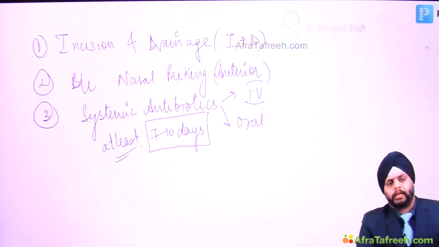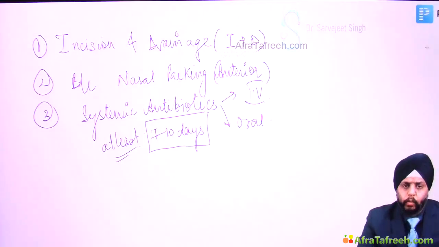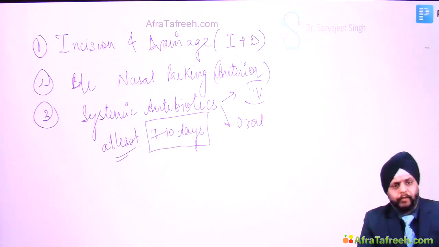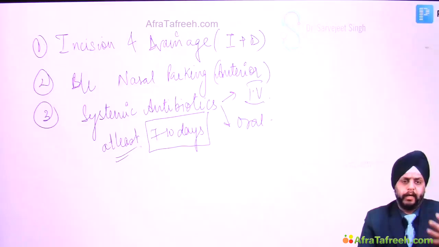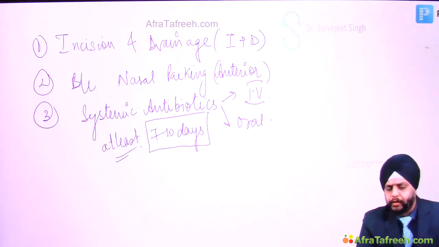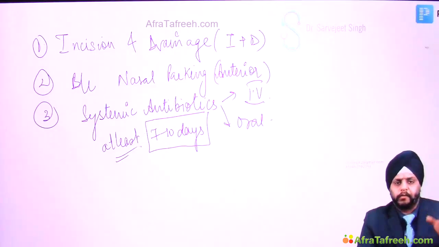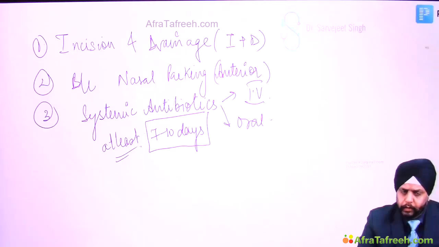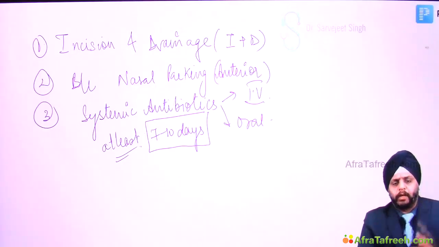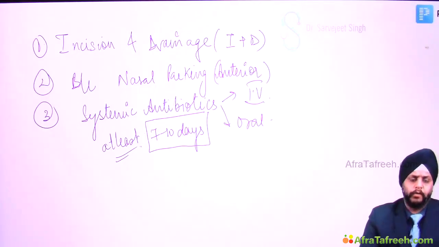Alright. Next, what will happen because of septal abscess? We have seen that the septal abscess is very near to the danger area, and the danger area complications we already know: it can spread and cause cavernous sinus thrombosis. But what is the most common complication of septal abscess?